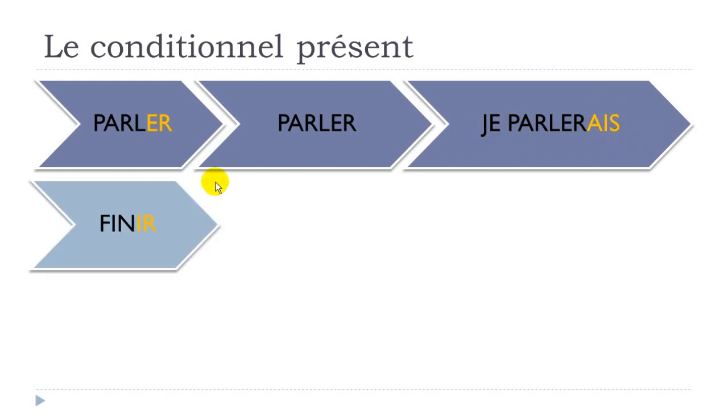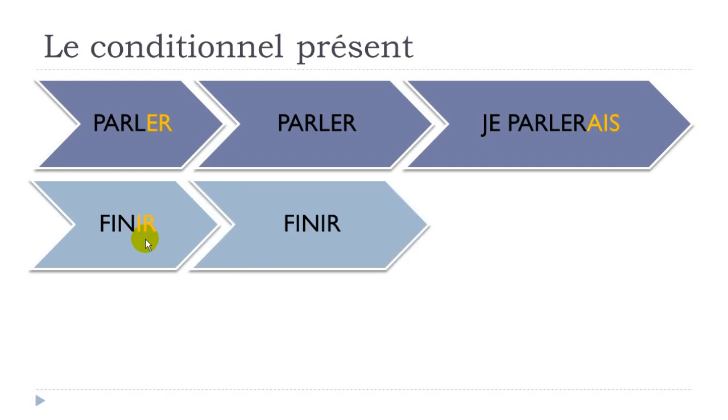Second group, verbs ending with ir. Be careful, not all the verbs ending with ir, but a quite decent amount of them belong to the second group. But still, it will be quite easy because it is exactly the same way.